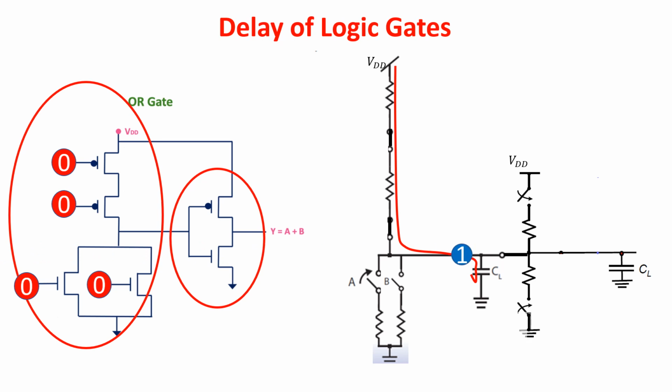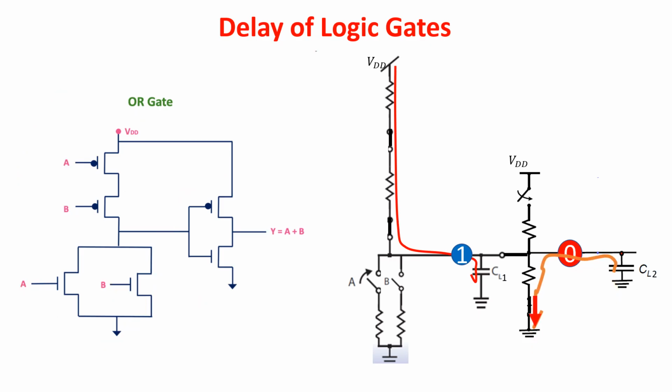The NMOS of the inverter is then a closed circuit and the output is at a logic 0, because this capacitor is discharged towards ground.